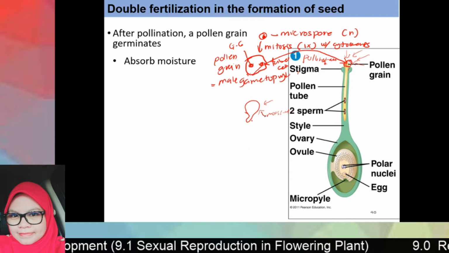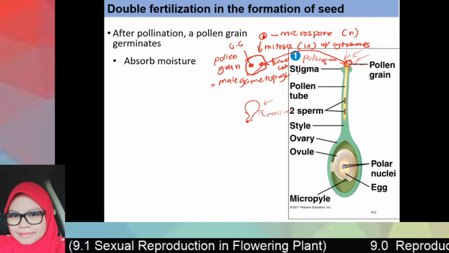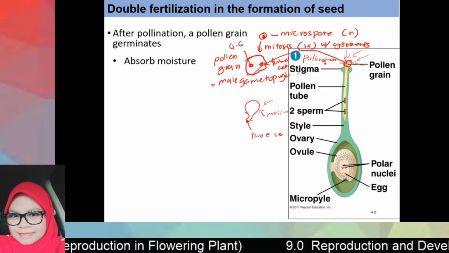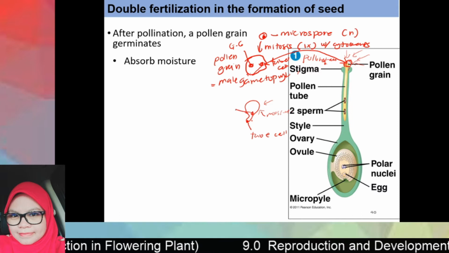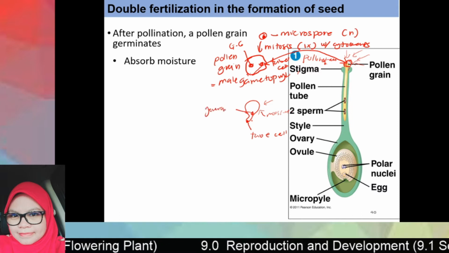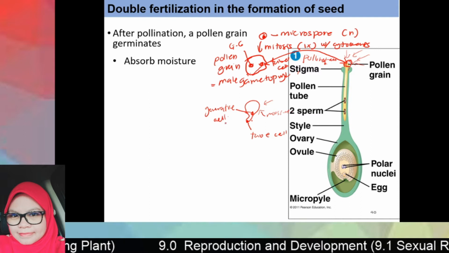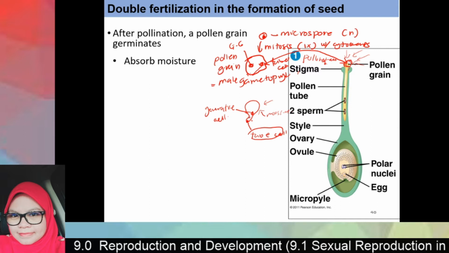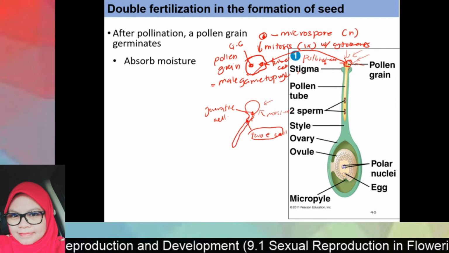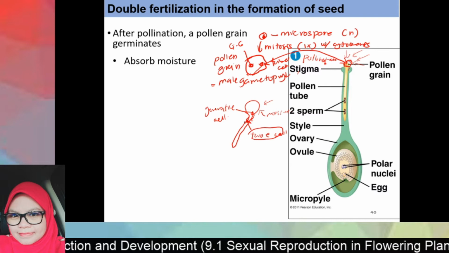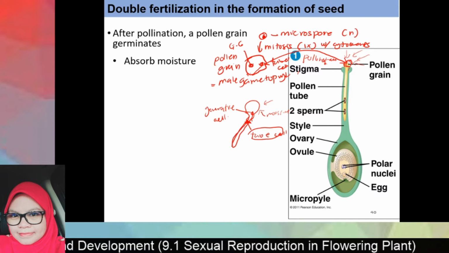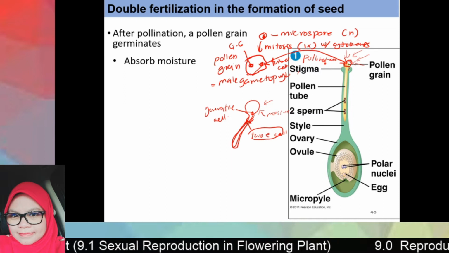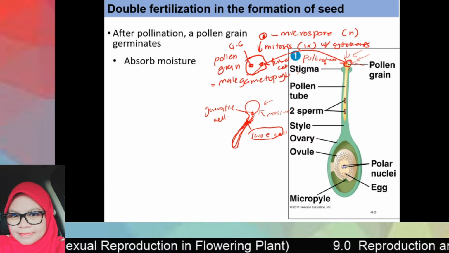Since it germinates, the first is the tube cell, and the second is the generative cell. Since the pollen grain germinates, the tube cell will develop into the pollen tube. So no more tube cell, because the tube cell will extend and become the pollen tube.